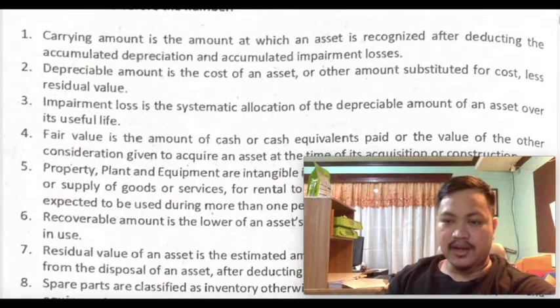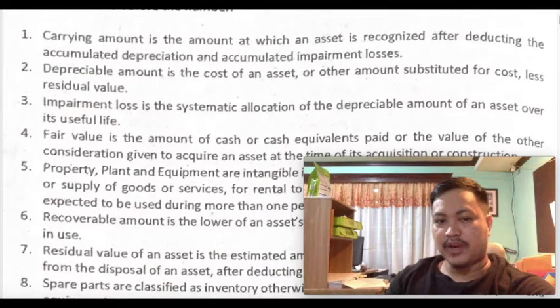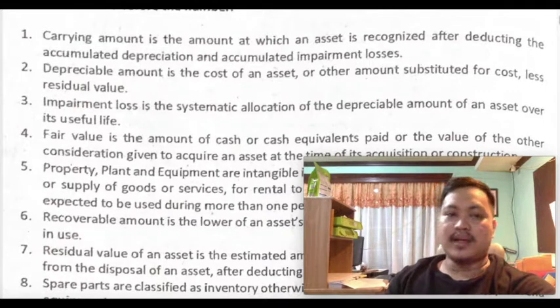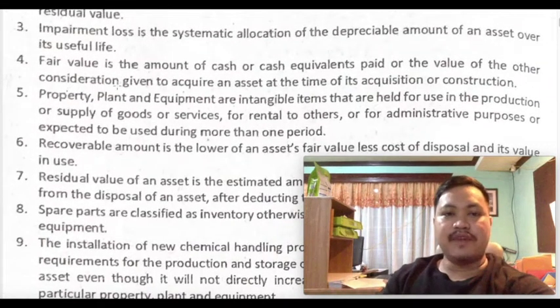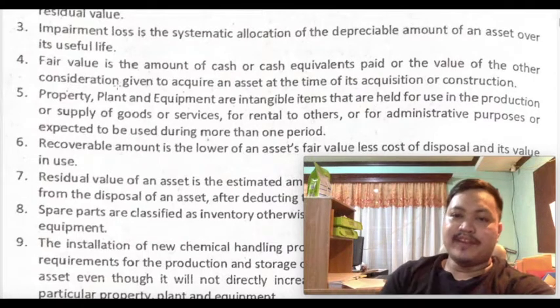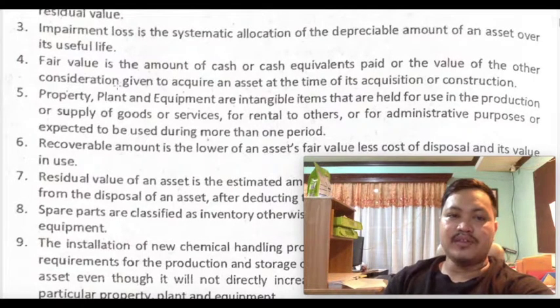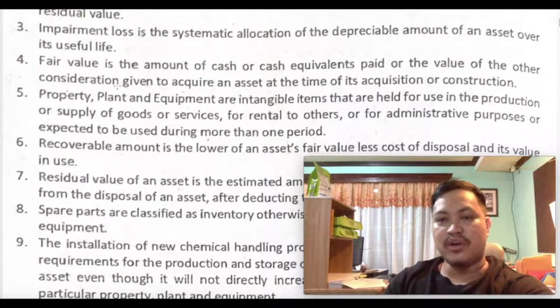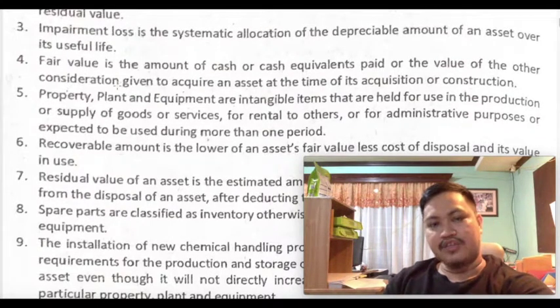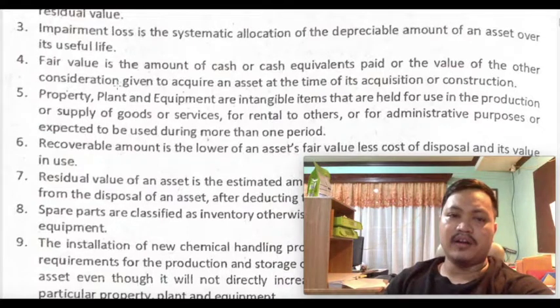And again, I have an expectation that you should have already encountered before the definition for depreciation when you discussed basic accounting. Number 4, fair value is the amount of cash or cash equivalents paid or the value of the other consideration given to acquire an asset at the time of its acquisition or construction. Class, the definition given in number 4 should be familiar, class.